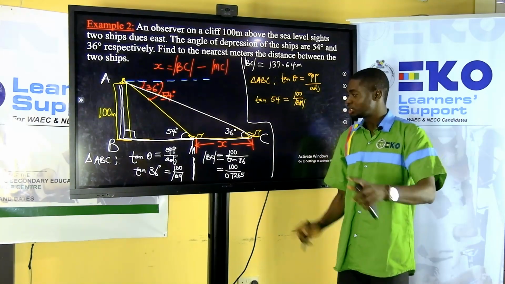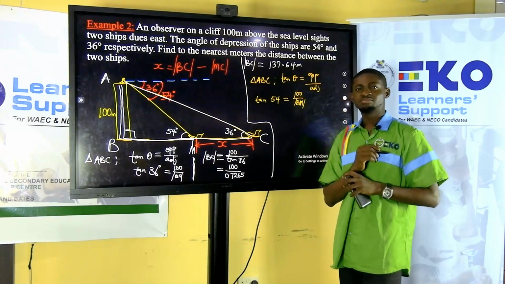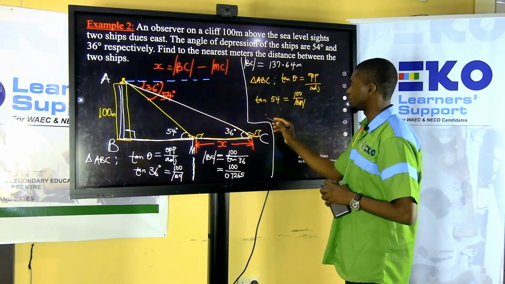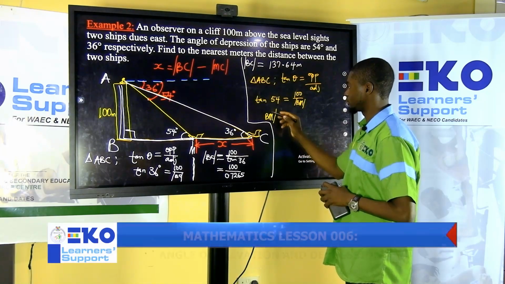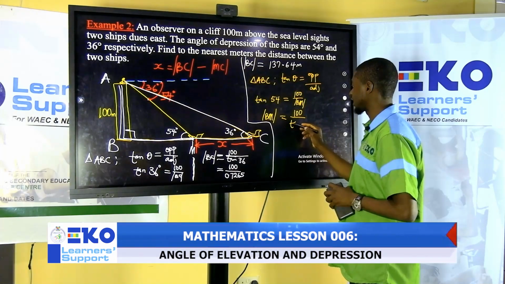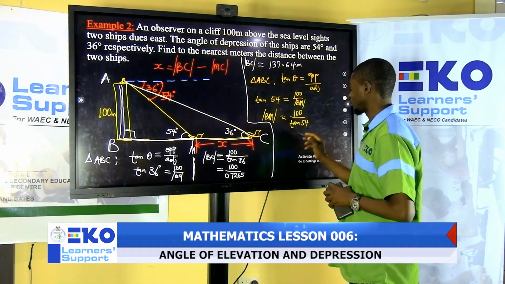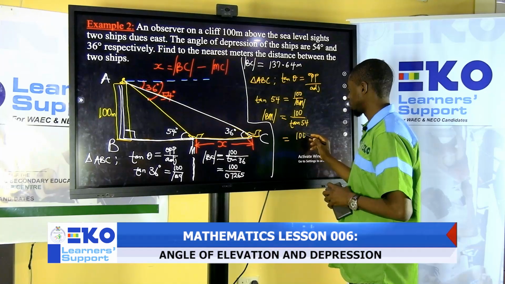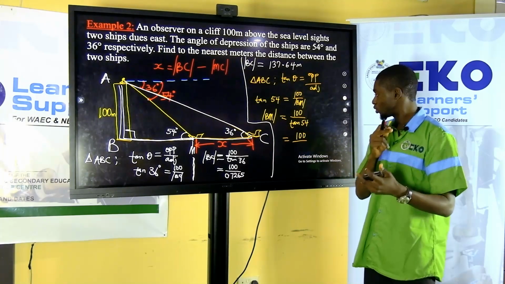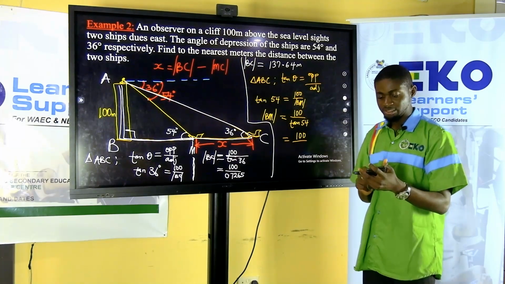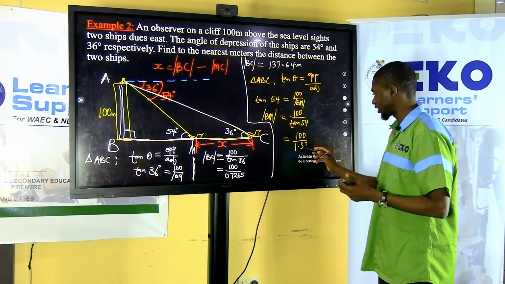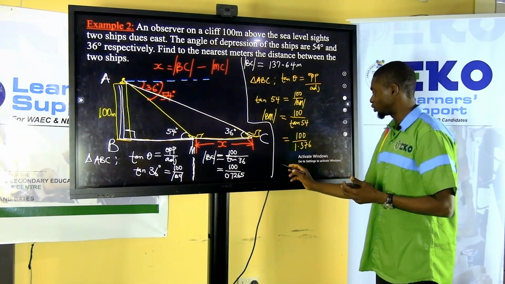So just as we've done here, which I believe shouldn't be a problem for you at home, we cross multiply, then the side BM will become 100 divided by tan 54. I use my calculator, you use your 4-figure table at home, or if it is your calculator, that will be 1.376.